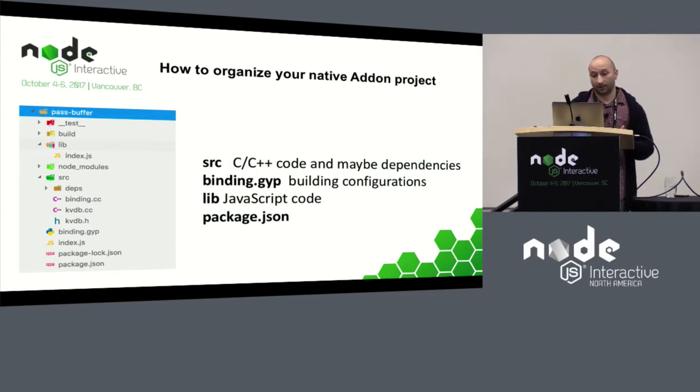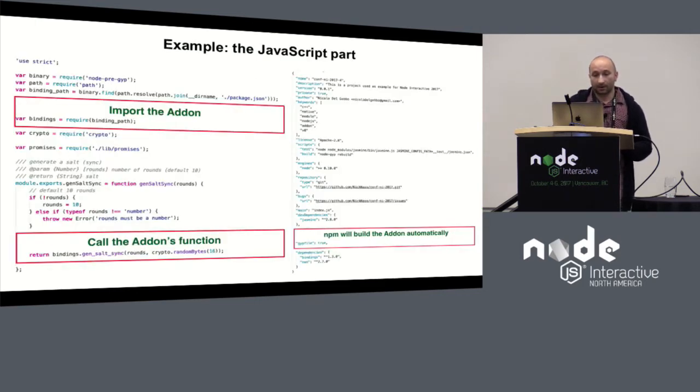And the JavaScript part will use the C++ part to expose some features. Here, I reported a portion of code extracted from bcrypt. Bcrypt is a module that helps us to hash passwords. This is the JavaScript part, and we import the add-on and use some of its functions to create a new function.